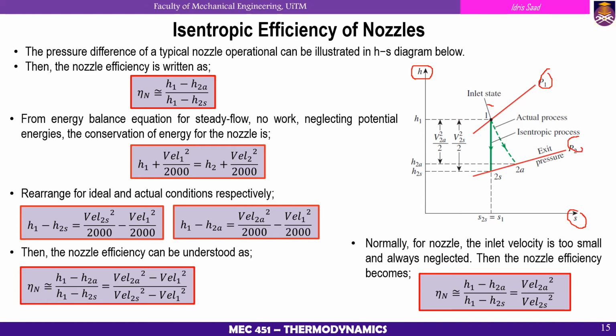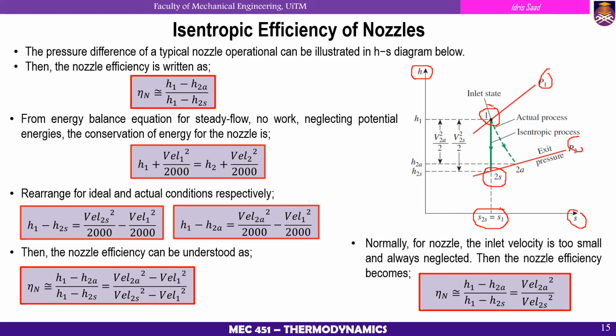If we take this one as state 1, the state at the inlet of the nozzle, then this is the exit isentropic state for the nozzle, where in the isentropic condition s2s must equal s1.